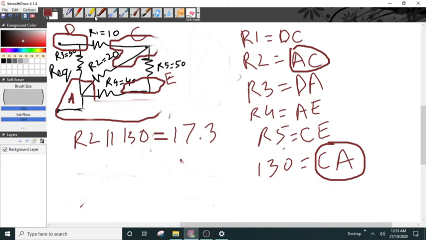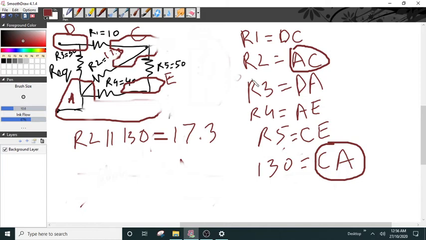This R2 is now a 17.3 ohm resistor, so just rename it to 17.3.